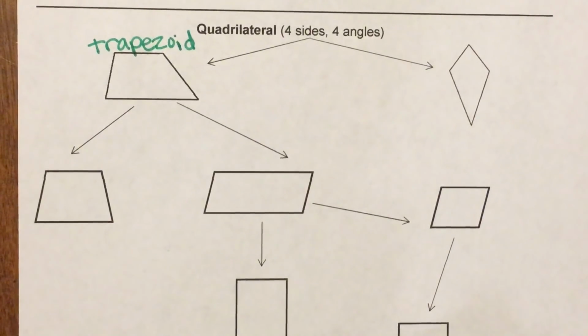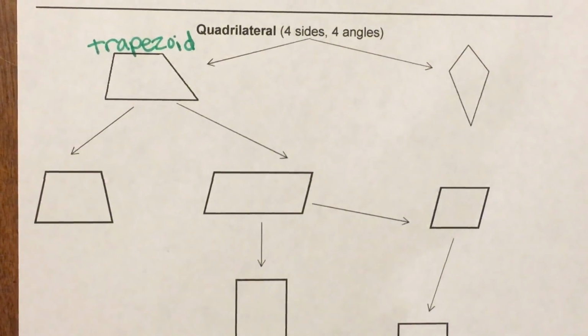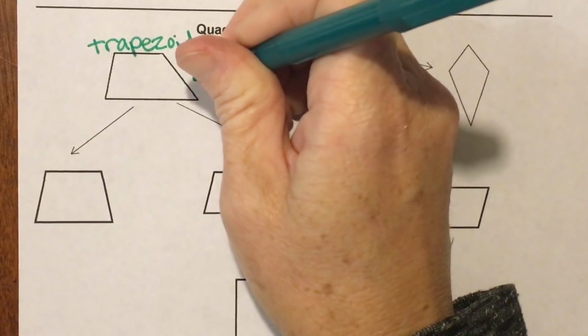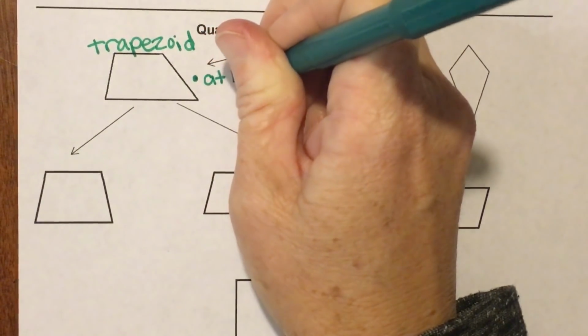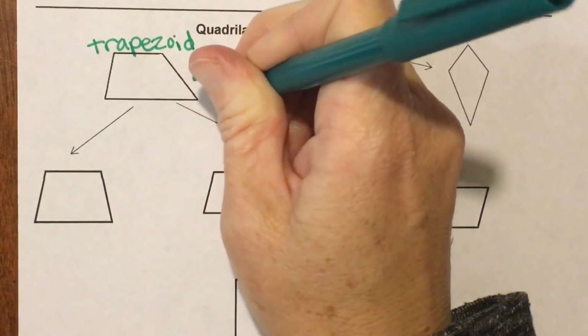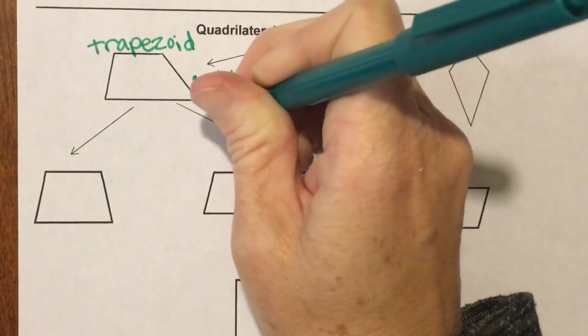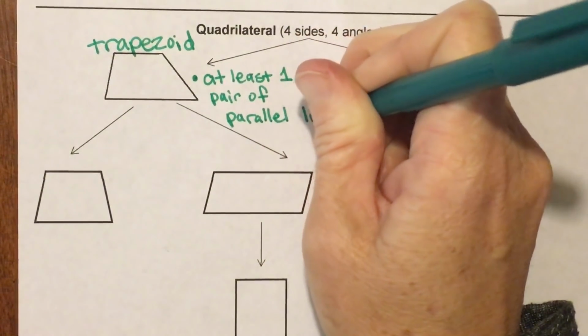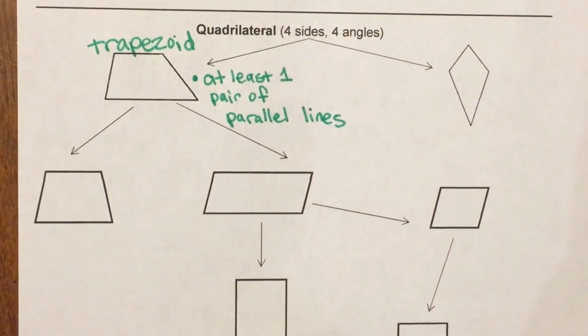Okay, so to be a trapezoid, the attribute, the rule, is that trapezoids have to have at least one pair of parallel lines. So notice, at least one.